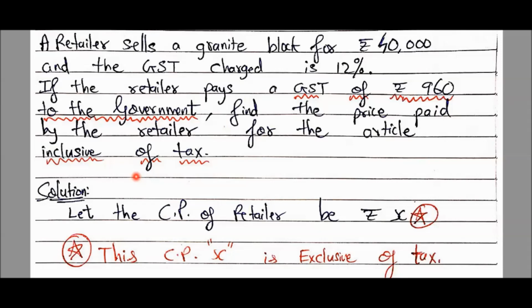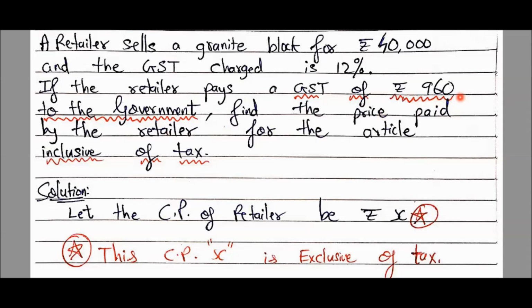So what all things are given here? Retailer's selling price rupees 40,000, and it is also told how much GST he paid to the government, rupees 960. It is asked, from the person above him, the retailer's one person above, for example the wholesaler, at what price he purchased, inclusive of tax. Students, the biggest data given to us in this question is the GST.